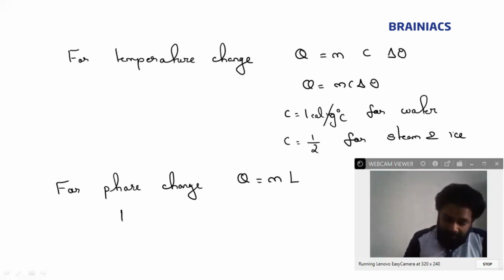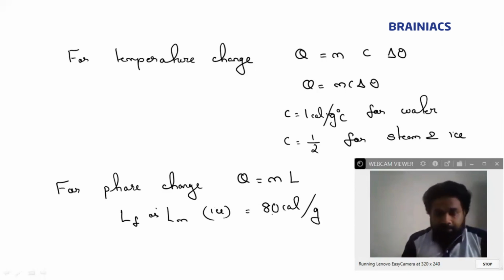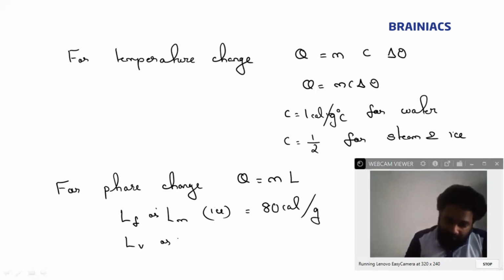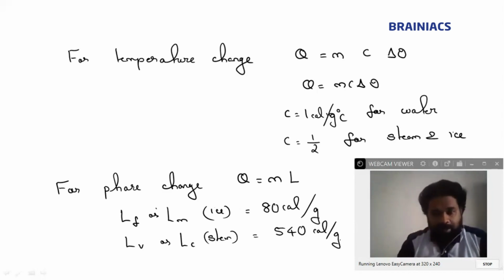Latent heat of fusion, or latent heat of melting, for ice and water is 80 calorie per gram. Then latent heat of vaporization or latent heat of condensation, both are the same. For steam and water, this is exactly 536. We can use 540 also, 540 calorie per gram.